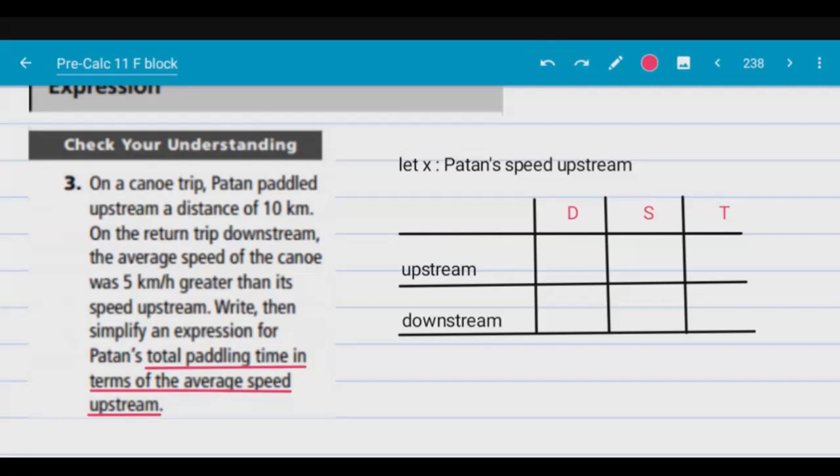So let us begin by saying that x is Patan's speed upstream, because we don't know his speed. If we are going to be doing this, I strongly recommend making a table, like this.